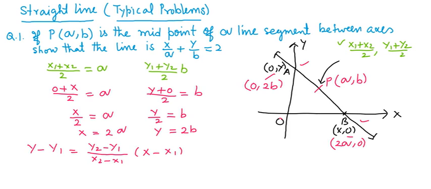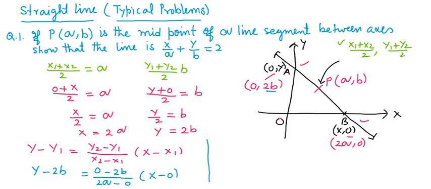Now substitute the values: y1 is 2b, y2 is 0, in the same way x2 is 2a and x1 is 0.